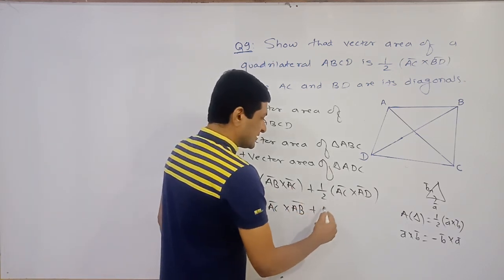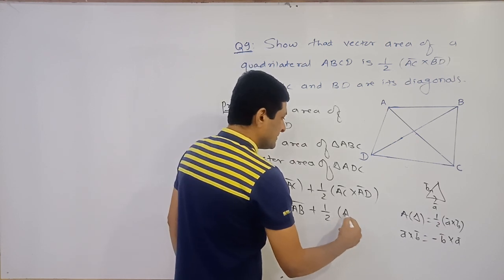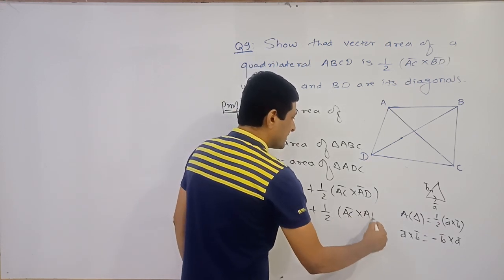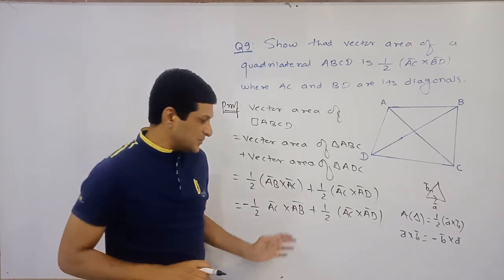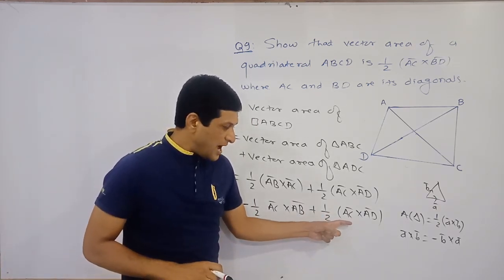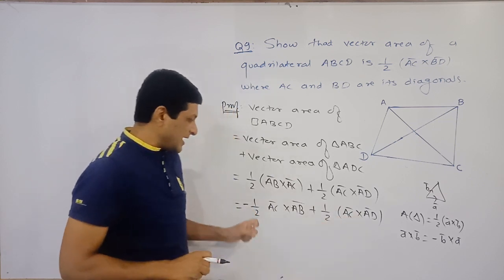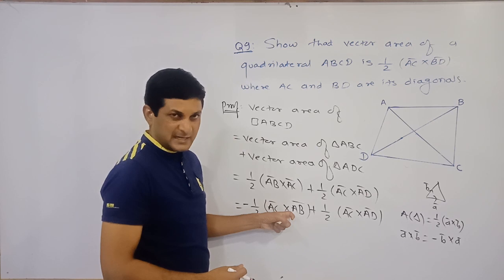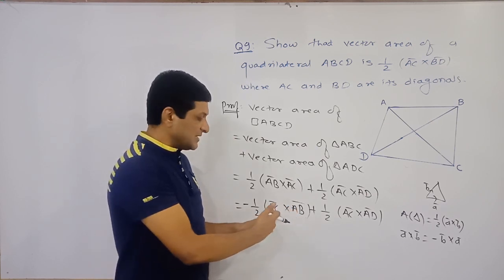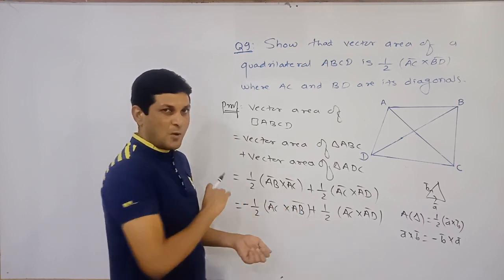Keep the next term as it is, half AC bar cross AD bar. Now if you observe both the terms very carefully, here half AC bar cross is there, and here also half AC bar cross is there. So we are taking half AC bar cross common from both the terms.